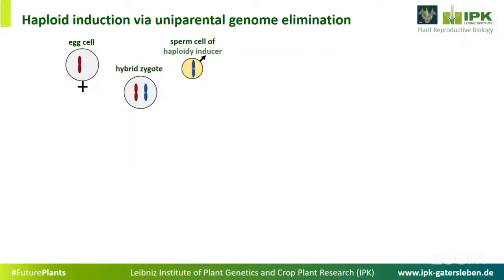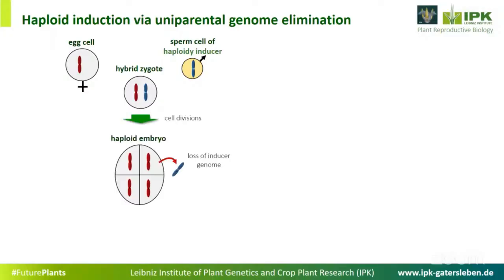So now I come to another principle of forming haploids, and this is called uniparental genome elimination. Here you see, as representatives of the parents, only the egg cell and the sperm cell, and in certain constitutions of interspecific crosses, or certain mutants which have the capacity to act as a haploid inducer, these hybrids are produced. And then we see the phenomenon that the genome of one parent is eliminated again.